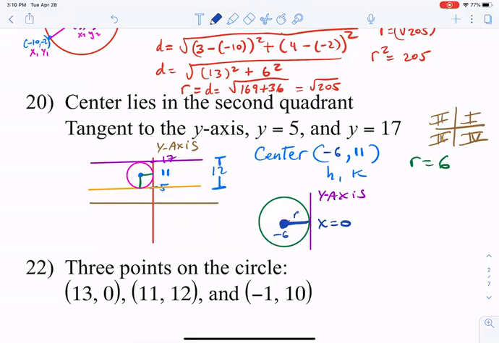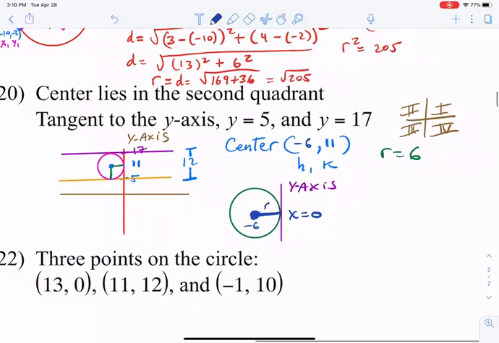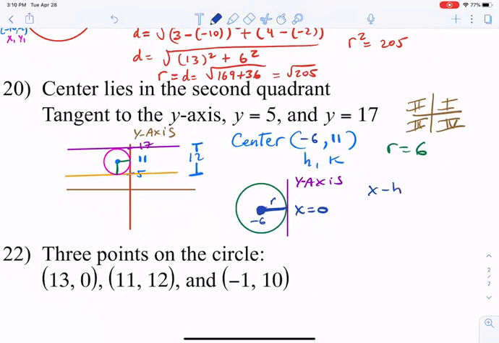So you have the center, you have the radius, and you can write the equation. The equation is x minus h squared plus y minus k squared equals r squared. So x minus, what's h? H is negative 6, so this is going to be plus 6, plus y minus, what's k?